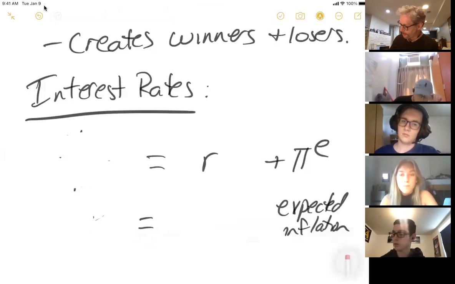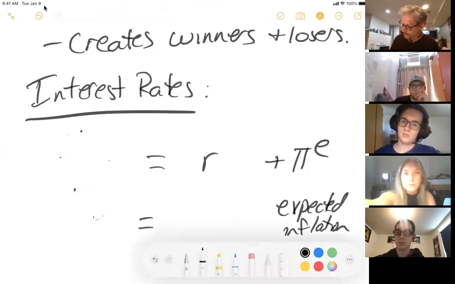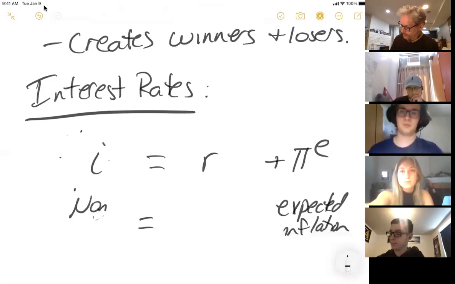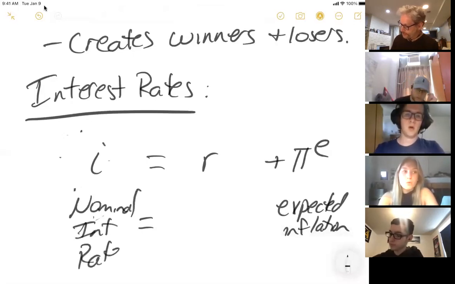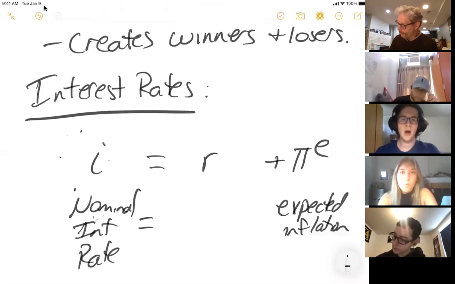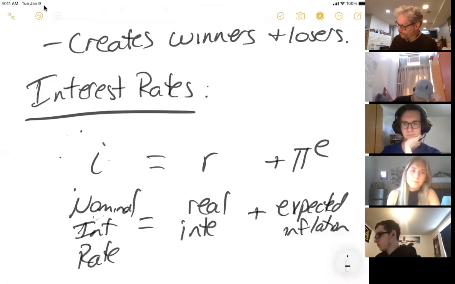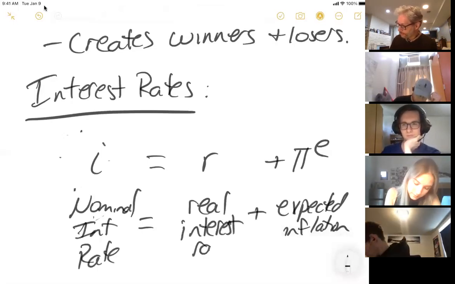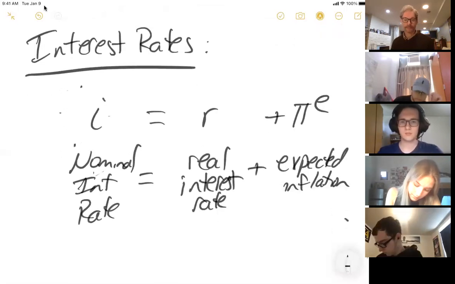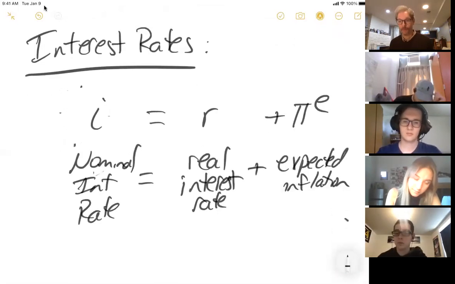Let me do a better job with my notes. So to be compensated over and above the inflation rate, that's what we call the real interest rate. It's the nominal interest rate adjusted for inflation.